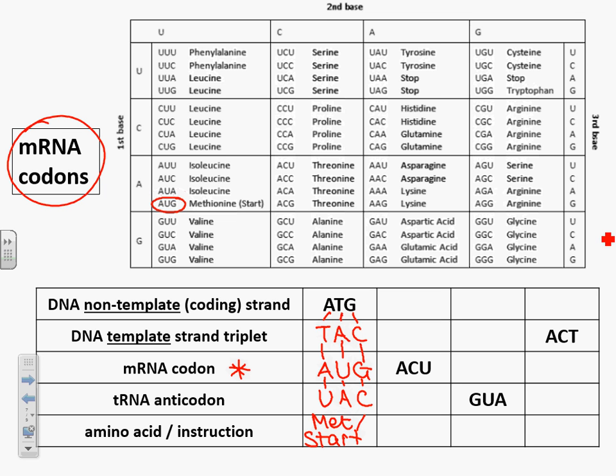A pairs with, if we're going to DNA, it's got to be a T. C will pair with G. U is the replacement for T, so that will pair with A. And then the non-template strand in the DNA, you get T with A, G with C, A with T. And then for the transfer RNA, we'd be looking for A pairing with T if it was DNA, but U because it's RNA, C with G, and then U with A because U is the replacement for T.